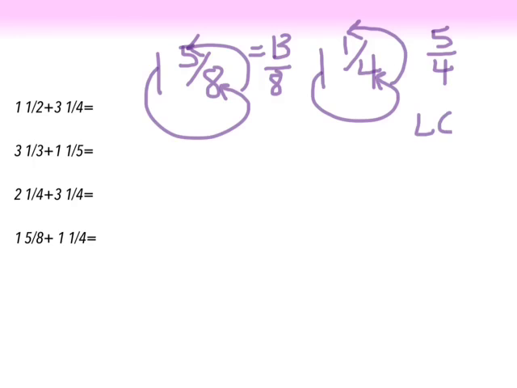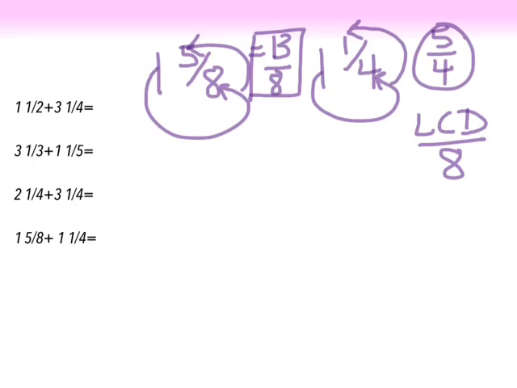What's my least common denominator? 8. So I don't have to do anything to this one. This one, gonna need some work. 5/4 times something that will give me 8 in the denominator.